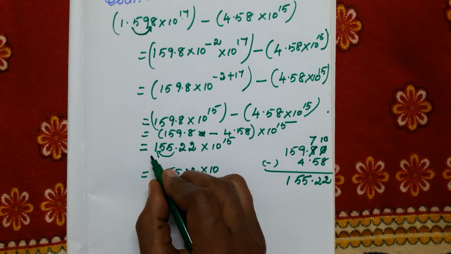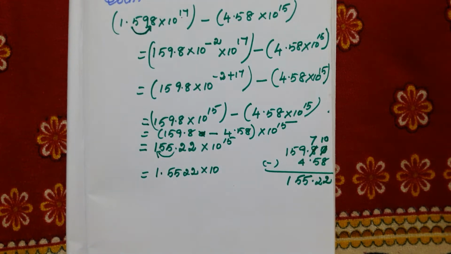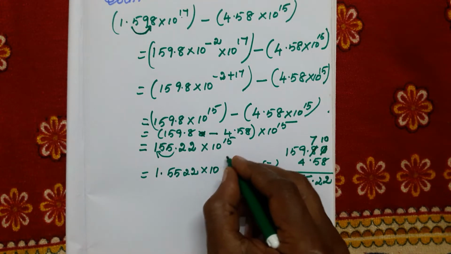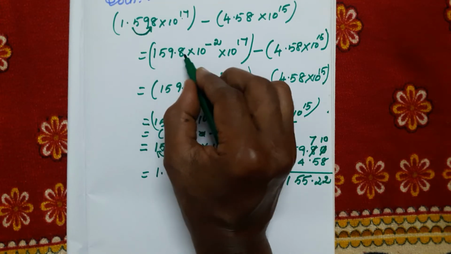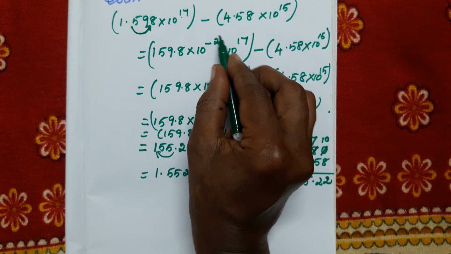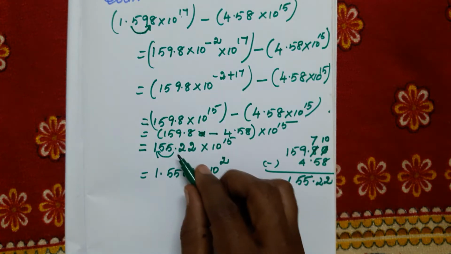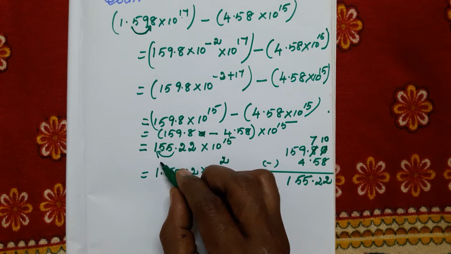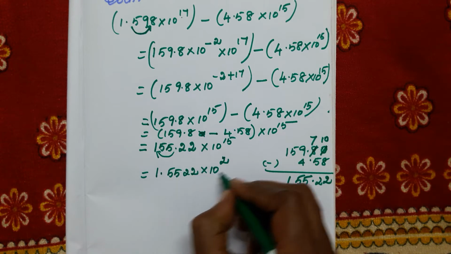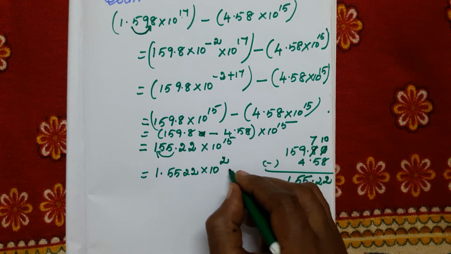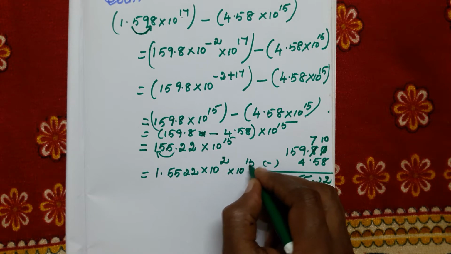We move the decimal point 2 digits left. So what we have to write it? 10 power 2. Here we move the decimal point 2 digits right, so I have written 10 power minus 2. Here we are moving the decimal point 2 digits left, so we have to write 10 power 2 into 10 power 15.